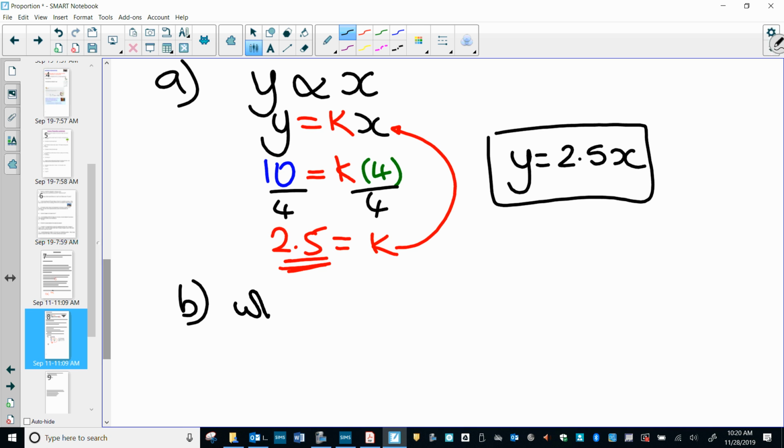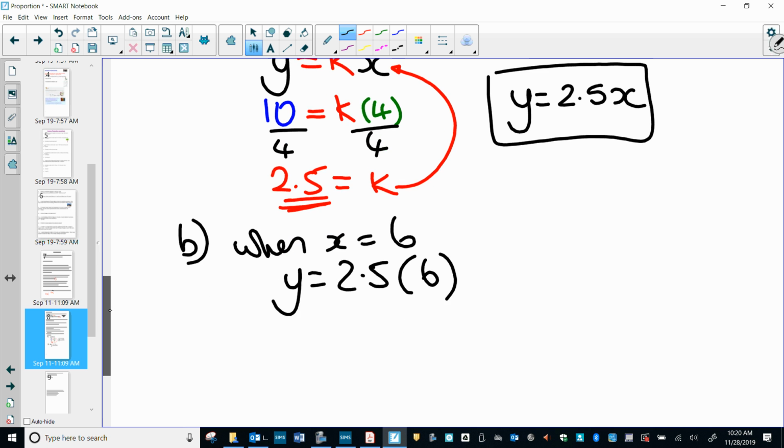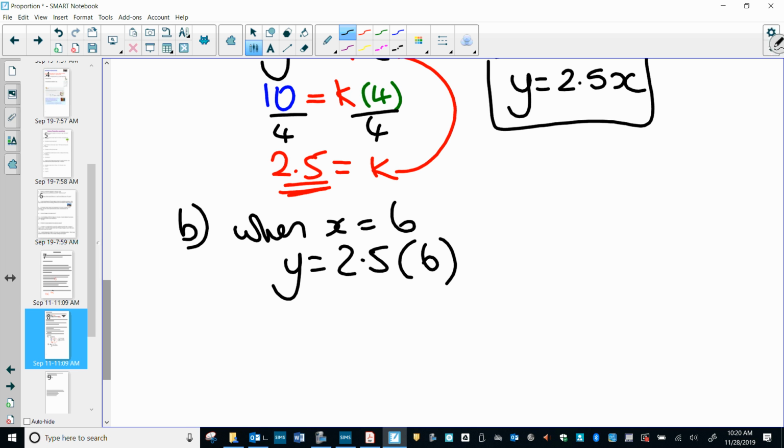So when x is 6, y is equal to 2.5 multiplied by 6. Now it's literally a basic situation where you're substituting in values, which is 15.